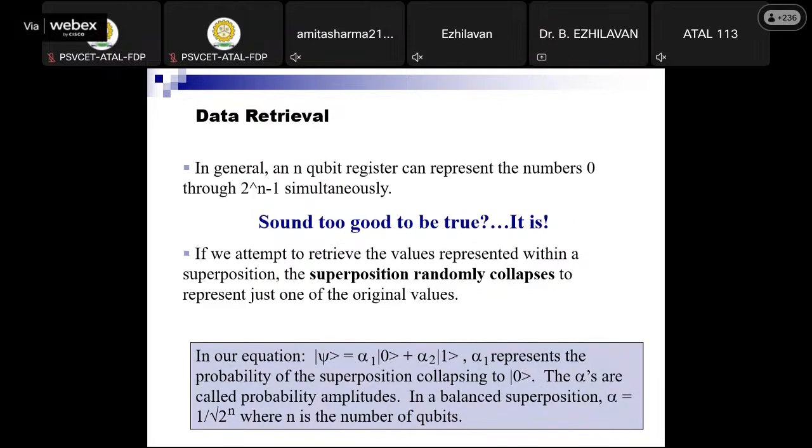Now data retrieval. In general, an n-qubit register can represent the numbers 0 through 2 power n minus 1 simultaneously.